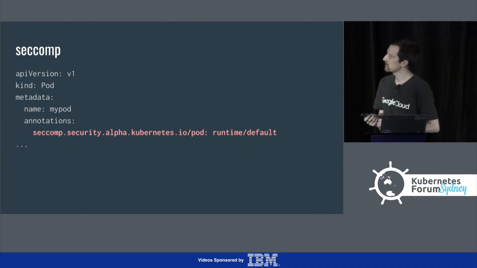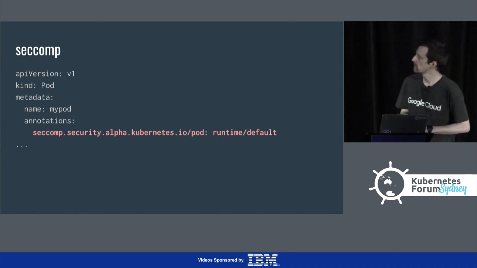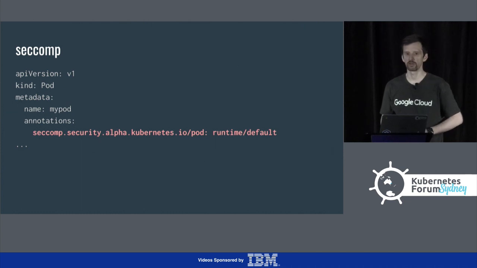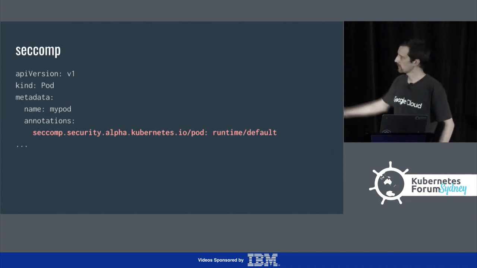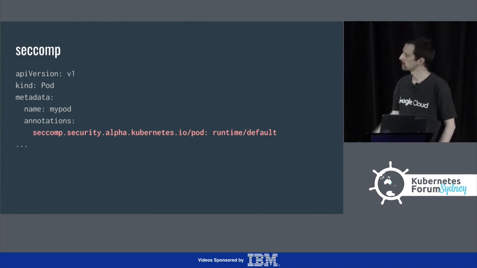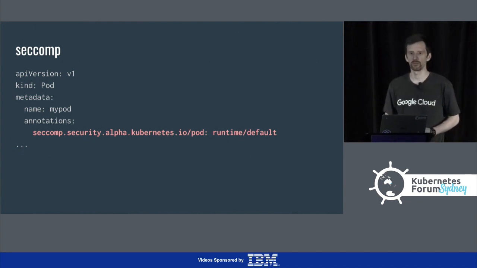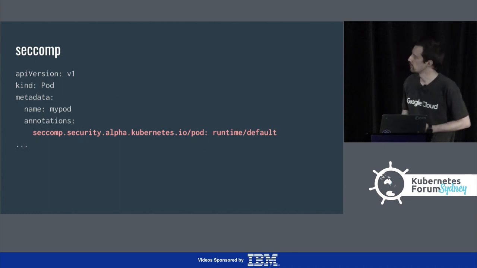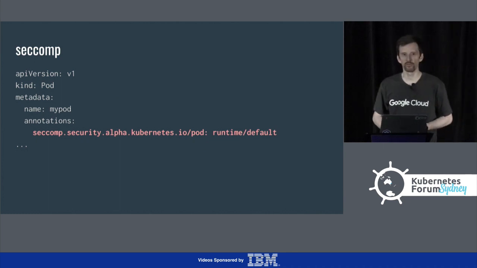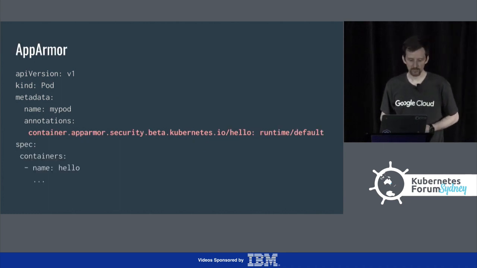Very unfortunately, seccomp is still not on by default in Kubernetes, and so if you do nothing else, you should be setting this annotation on your pods in order to make use of the default Docker seccomp profiles. Otherwise, your containers are running without a seccomp profile attached to them at all.